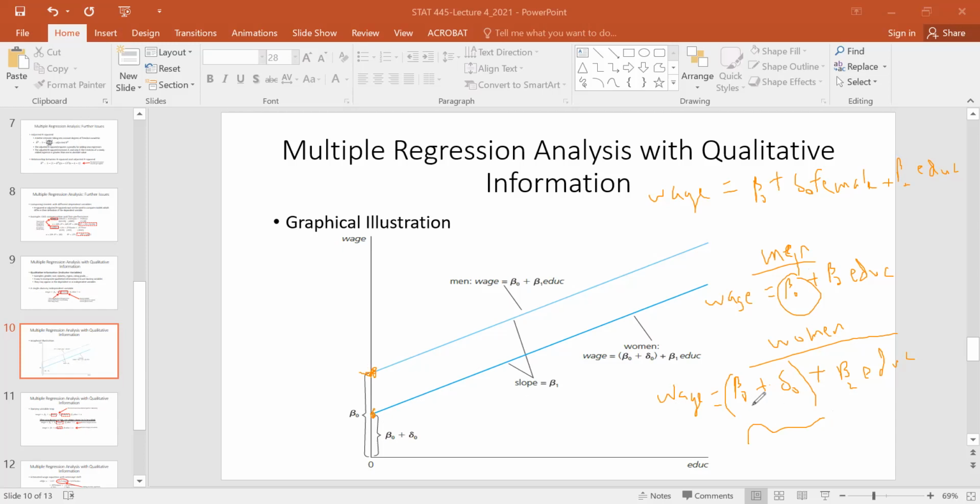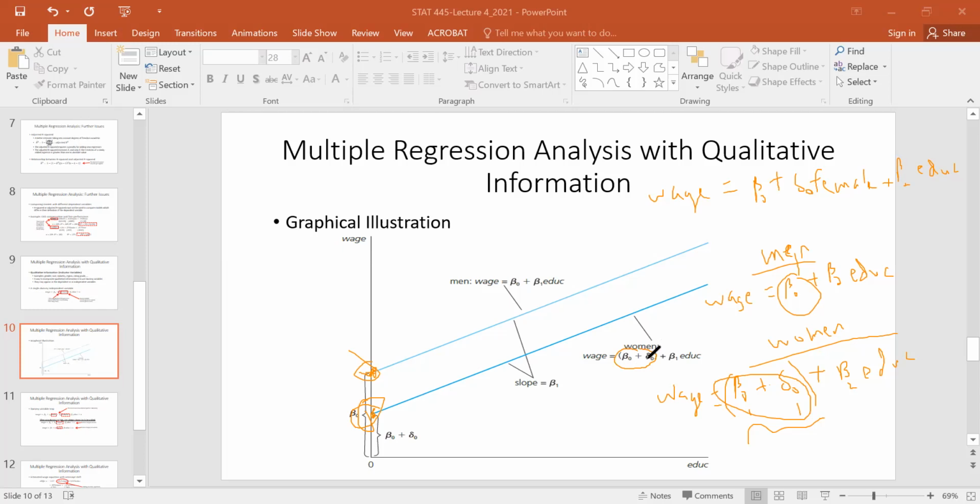Now, although this has 2 components, this plus that, it is still lower because delta 0 will turn out to be negative. So this value will be at a lower level than the beta 0 for men. That is why the men is on top. The line of the men is above the line of that of the woman, because this beta 0 plus delta 0 will be smaller.